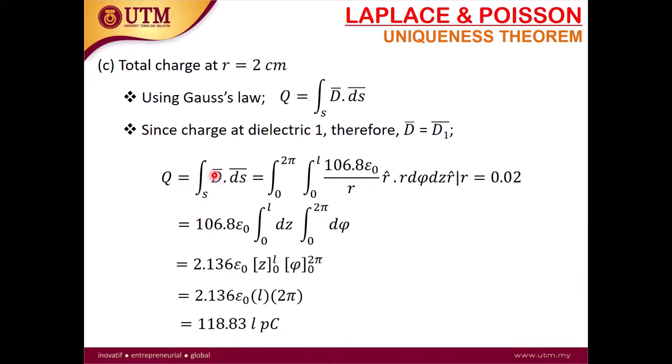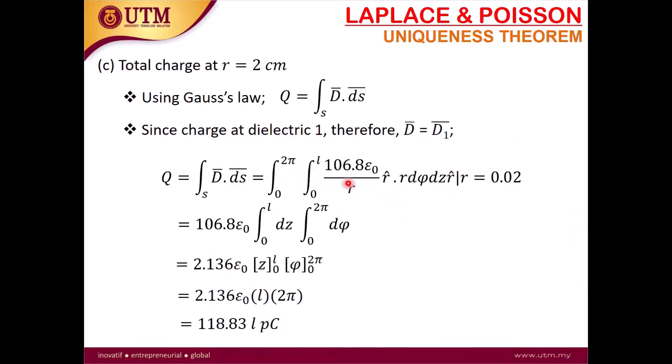Here D dot dS, our D equal to 106.8 epsilon naught divided by R, and our dS for the side surface of the cylinder is equal to R d phi dz in direction of R, where R in this case equal to 0.02 meter. So you have to solve these integrations.